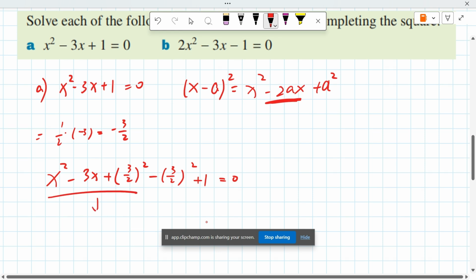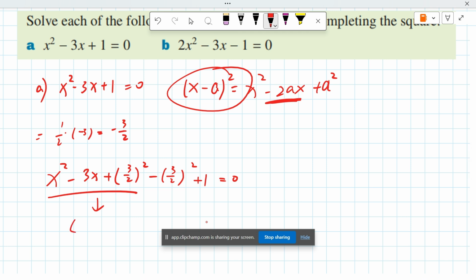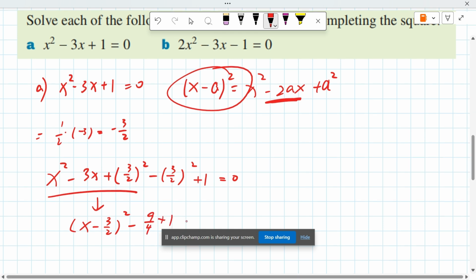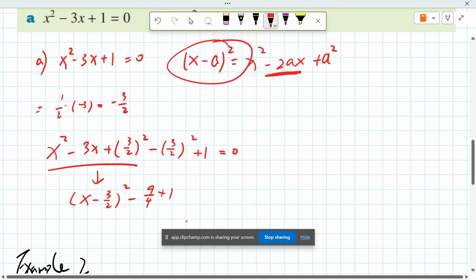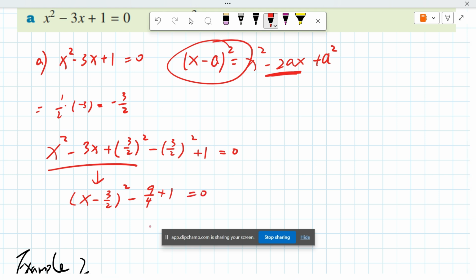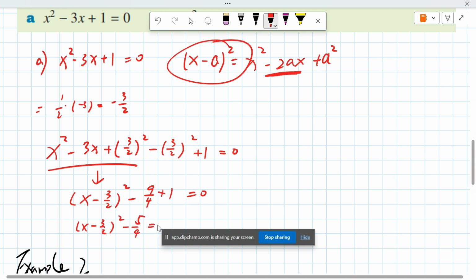Now we can make it x minus a squared, which is x minus 3 over 2 squared, minus 9 over 4 plus 1. So once we have this equal to 0, x minus 3 over 2 squared minus 5 over 4 equal to 0.